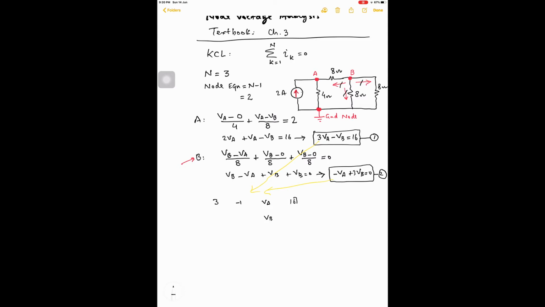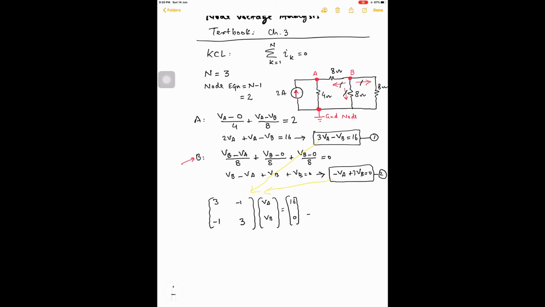In matrix form, we write it like this. The second equation is minus VA plus 3VB is equal to 0.